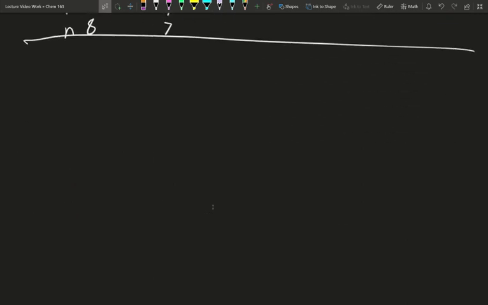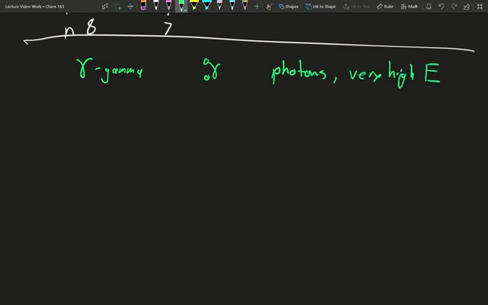Well, we have our alpha and our beta, and we can also have gamma. Gamma radiation, also sometimes symbolized as gamma 0 0, these are just photons, very high energy photons. Think back to light.